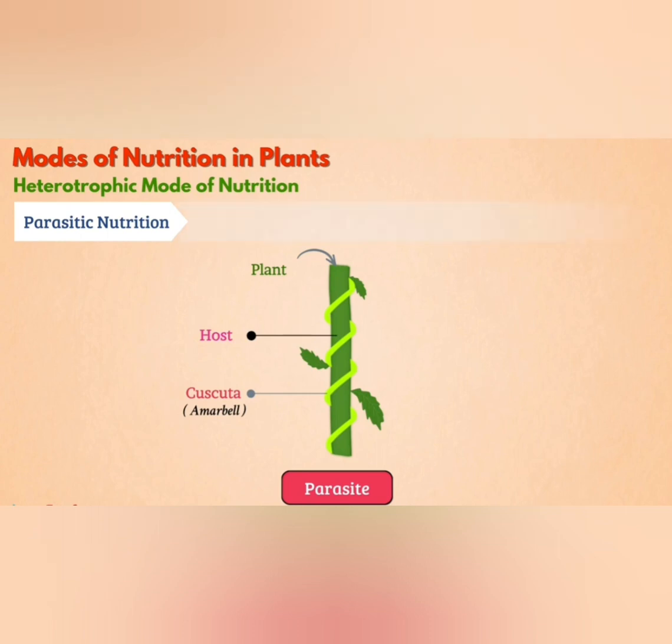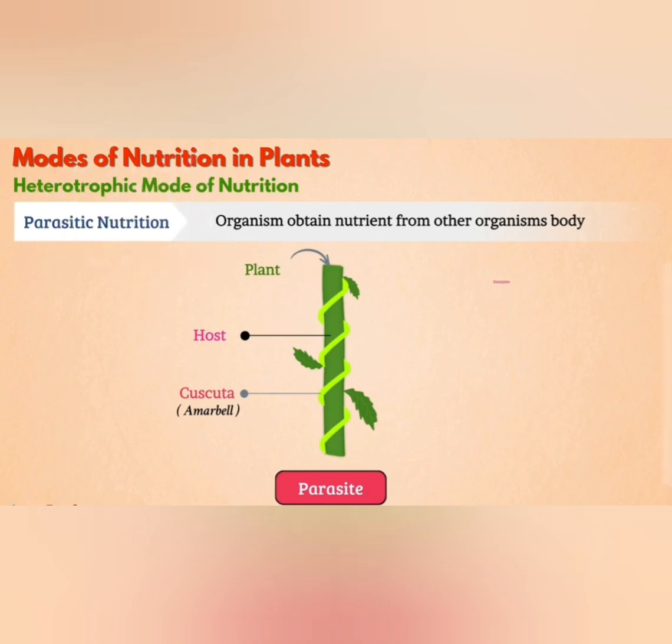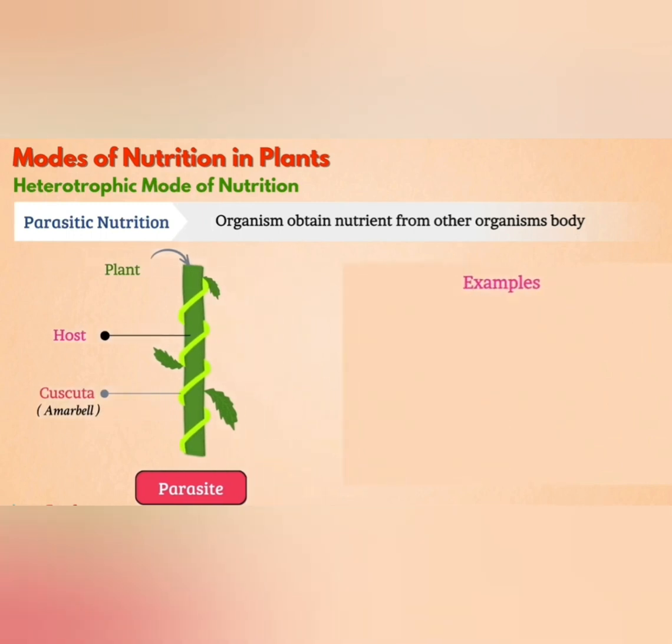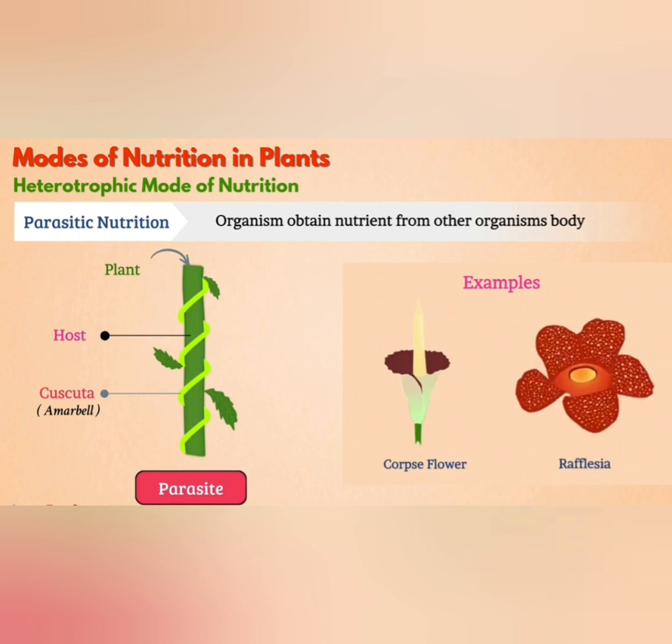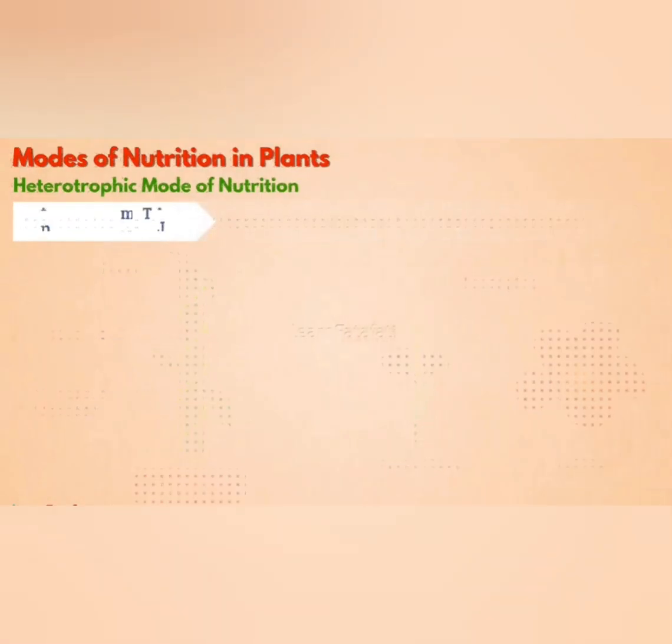So here the Cuscuta is the parasite. Such type of nutrition in which organisms obtain nutrients from other organisms' body is called parasitic nutrition. Now let's see some other examples. Firstly, the corpse flower, and second is the Rafflesia, etc. These are a few heterotrophic plants.